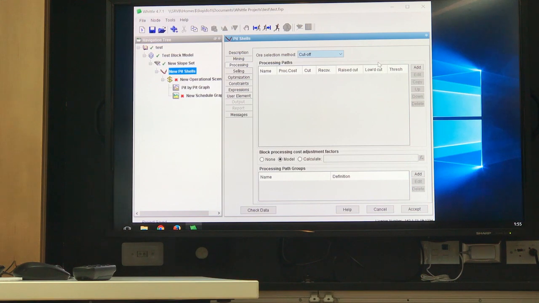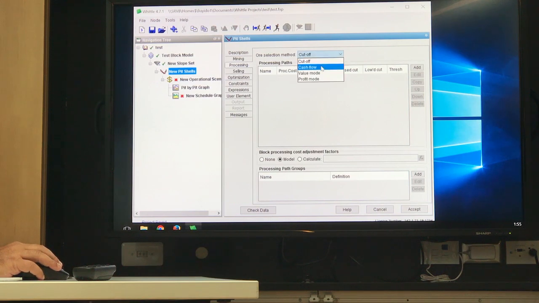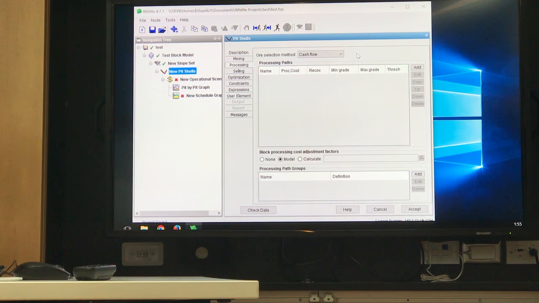If you have different processing methods, for example a mill and a heap leach facility, then it's better to go with the cutoff rather than cash flow. So I suggest you always go with cash flow. Cash flow allows you to define ore as material that generates a positive cash flow. So go with this, and here you need to enter this information.